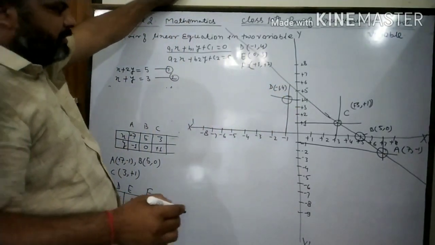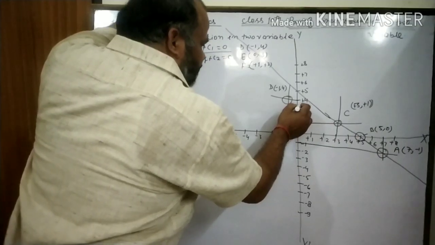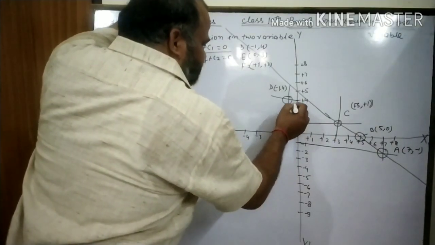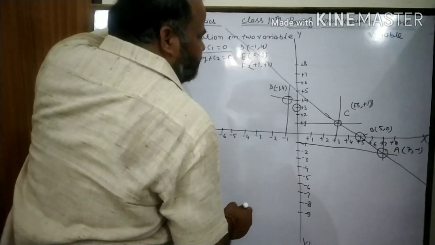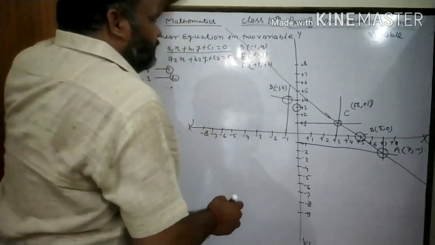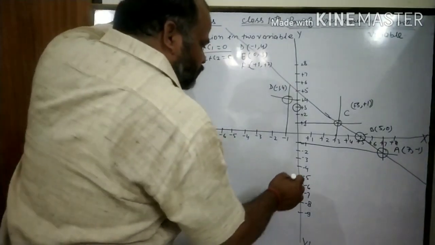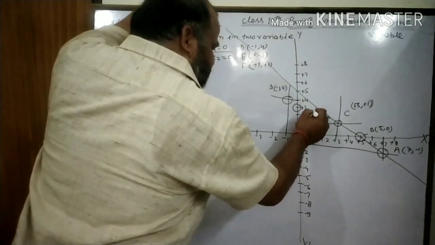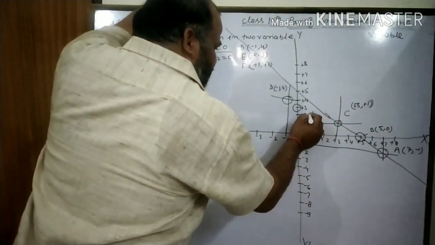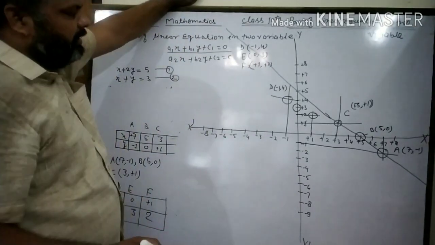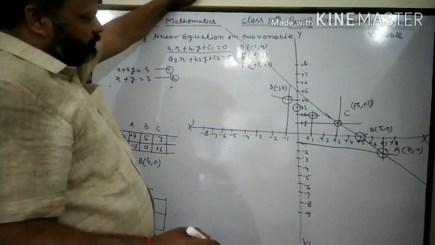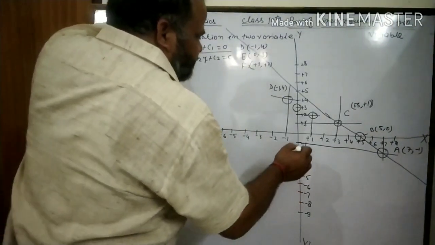Then E is 0, 3. It means this point is 0, 3. Okay, then 1, 2. This point is 1, 2. Now you can join it.